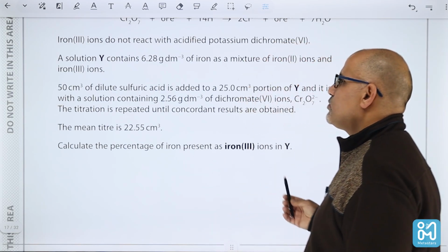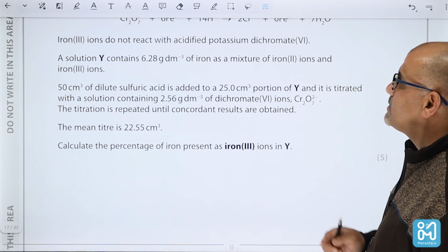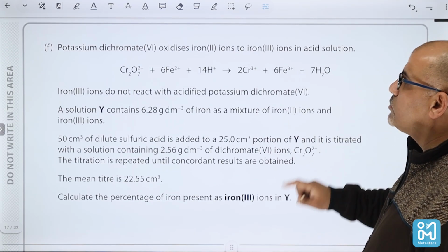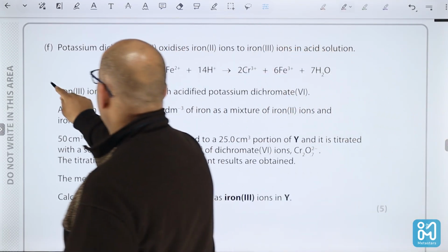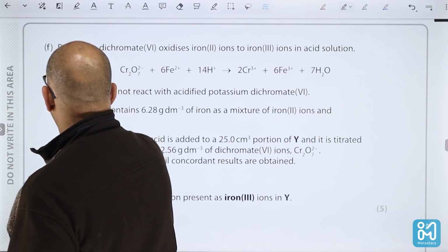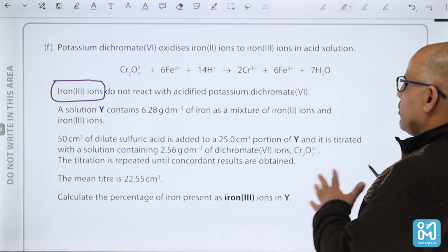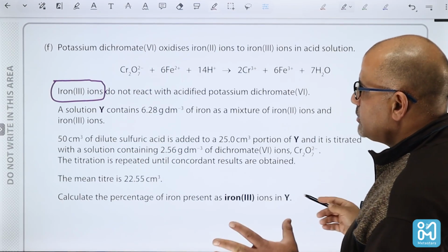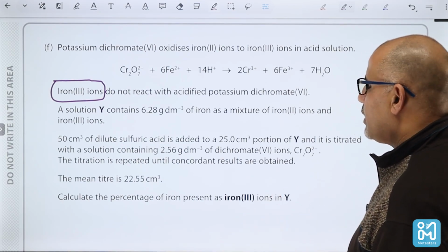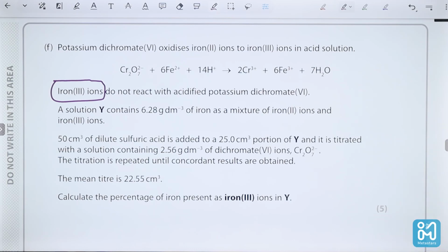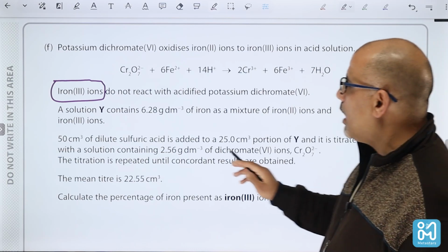Let me summarize the story there. First of all, you should know that iron 3 ions will not react with the acidified potassium dichromate. So at the end, you can find its moles and you can find what the mass is.